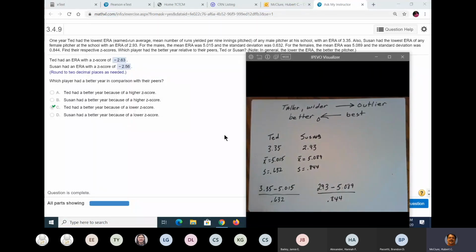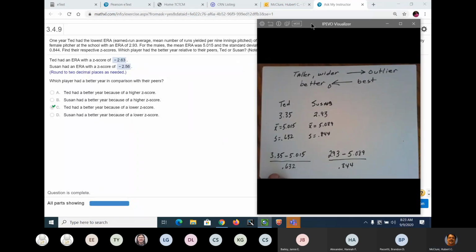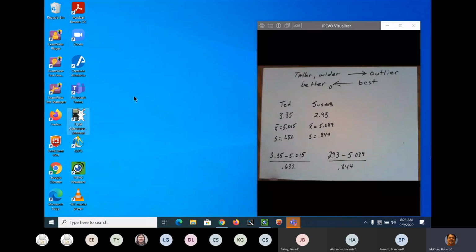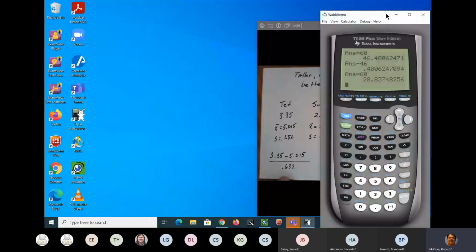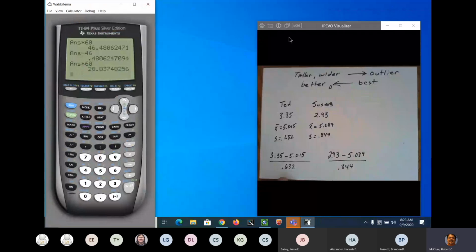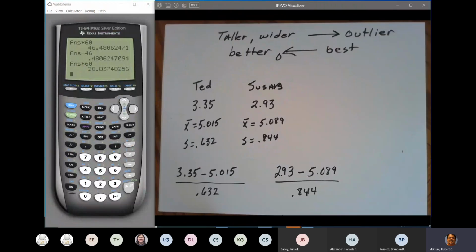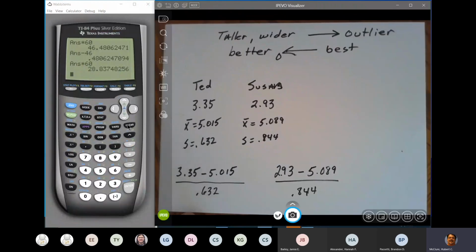Okay, so let's pull up our handy dandy calculator. There we go. So clear. 3.35 minus 5.015 divided by 0.632.